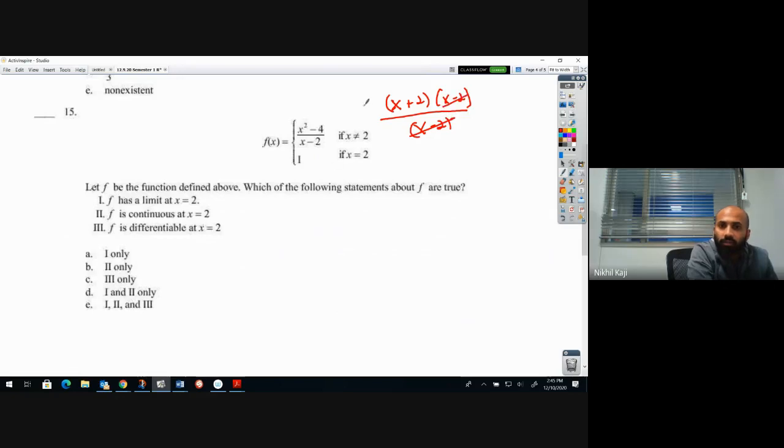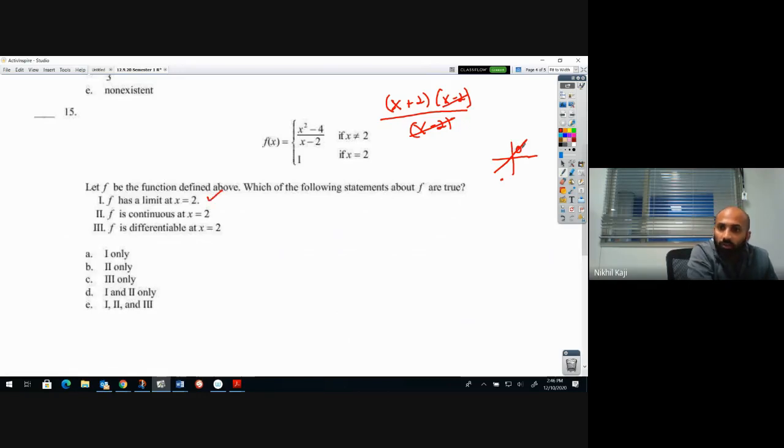So if we plug in 2, the left and the right side would both be 4. We would just have a hole there, so it would look something like this. At 2, it would just be an empty hole. But the limits on the left and the right side both go to 4. All right, so this is true.